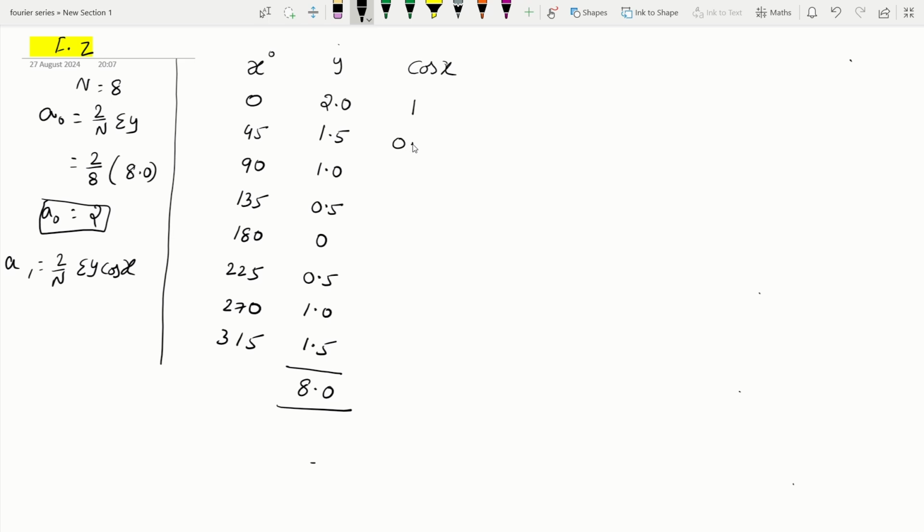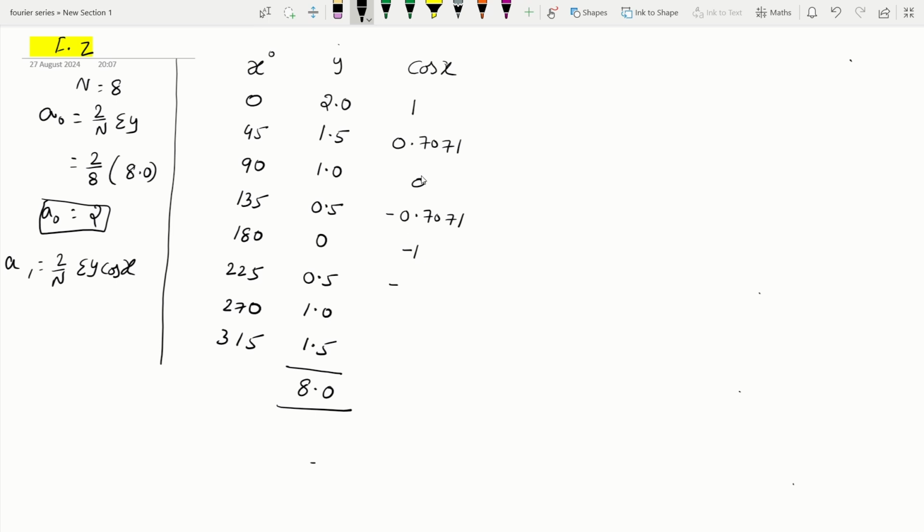Then cos 45 is 0.7071 and cos 90 is 0. Then cos 135 is minus 0.7071. And if you don't know how to use the calculator, please put a comment and I will explain that also.